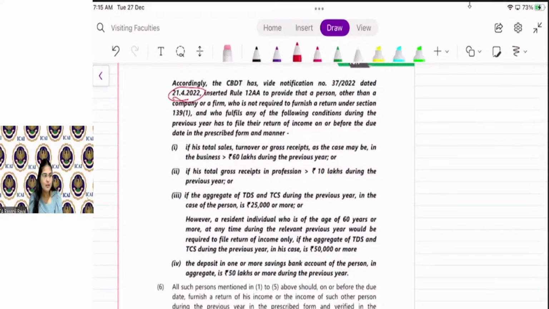So say, for example, my turnover is more than 60 lakh, then I have to file my return of income even if my profit is 1 lakh rupees.